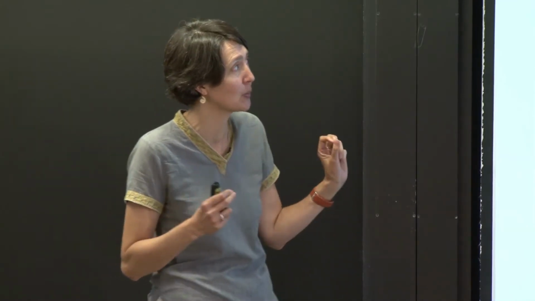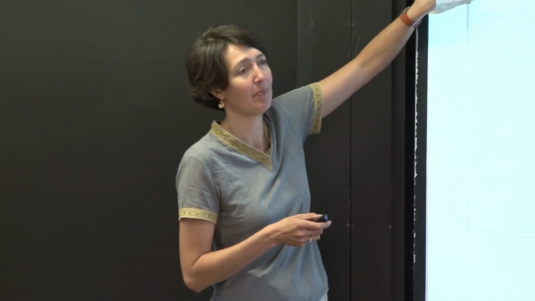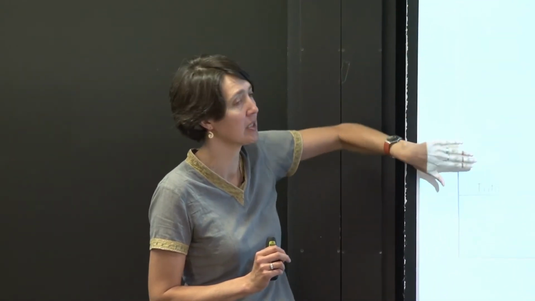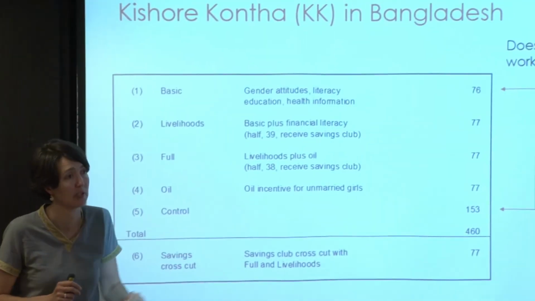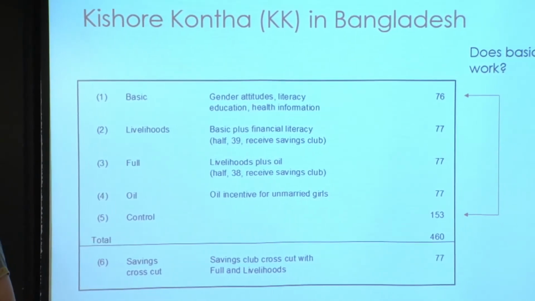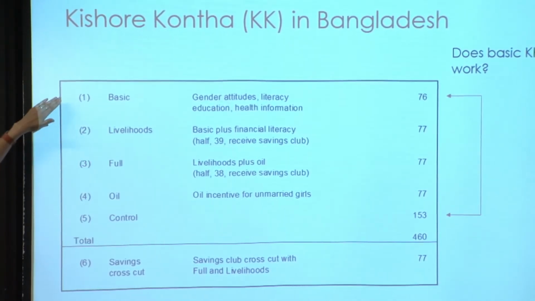So the first one is, does the basic program have any effect on our outcomes, our age of marriage, and staying in education? Those are our basic main outcomes. For that, we compare treatment 1 to the control group, okay? Notice I have an unequal allocation here. I've got 153. You'll see why in a minute. So I do one power calculation for that.